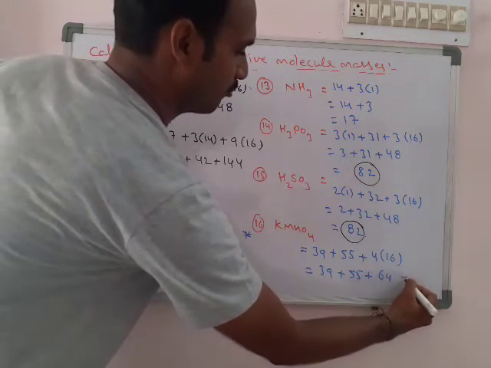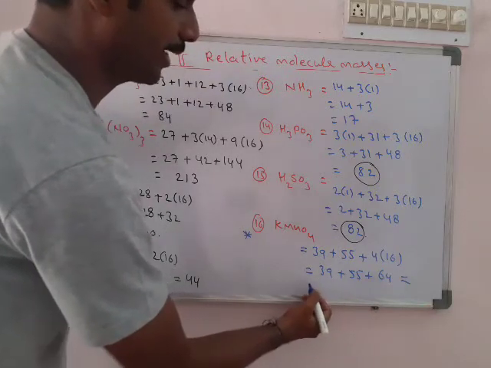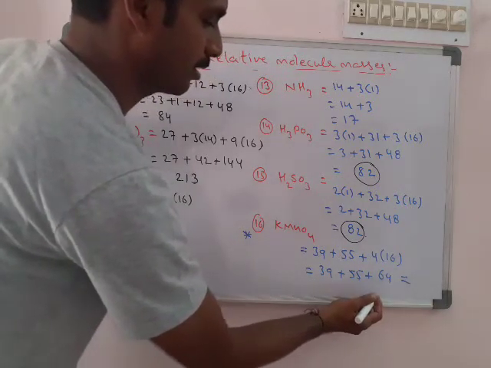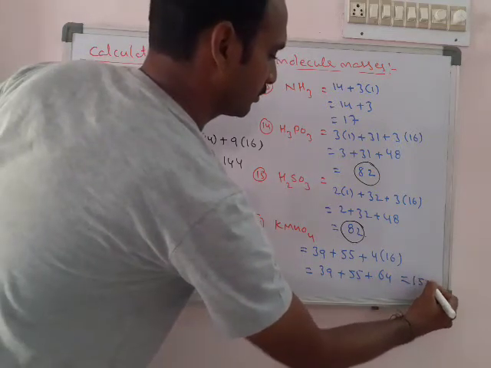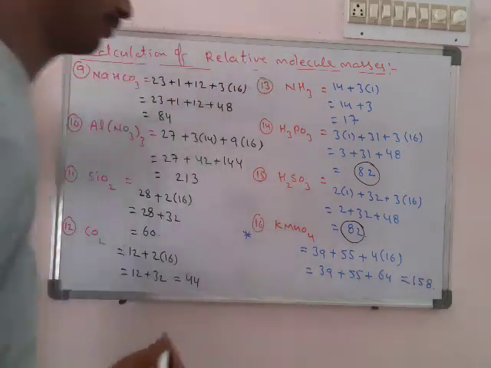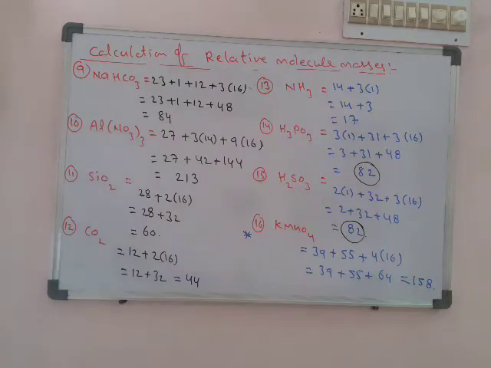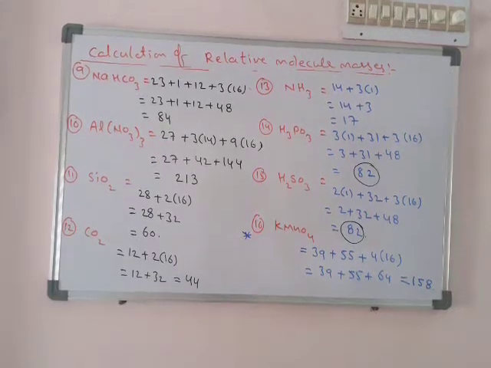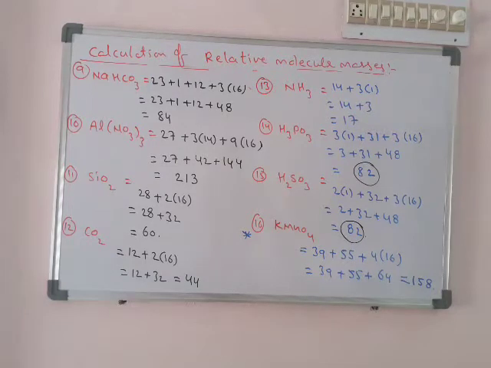So how much you will get finally? 9, 4, 13, okay, 158. If you feel easy to write these molecular masses, just write these compounds and do the answer on your own. Then compare in this class.